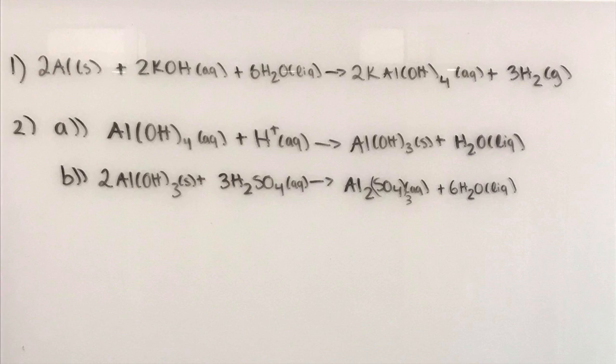As more acid is added, the equation becomes 2Al(OH)3 solid plus 3H2SO4 aqueous yields Al2(SO4)3 aqueous plus 6H2O liquid, since the precipitate of Al(OH)3 dissolves to give aluminum 3+ ions in solution. At this point, the solution has Al3+ ions, K+ ions, and SO4 2- ions as well.